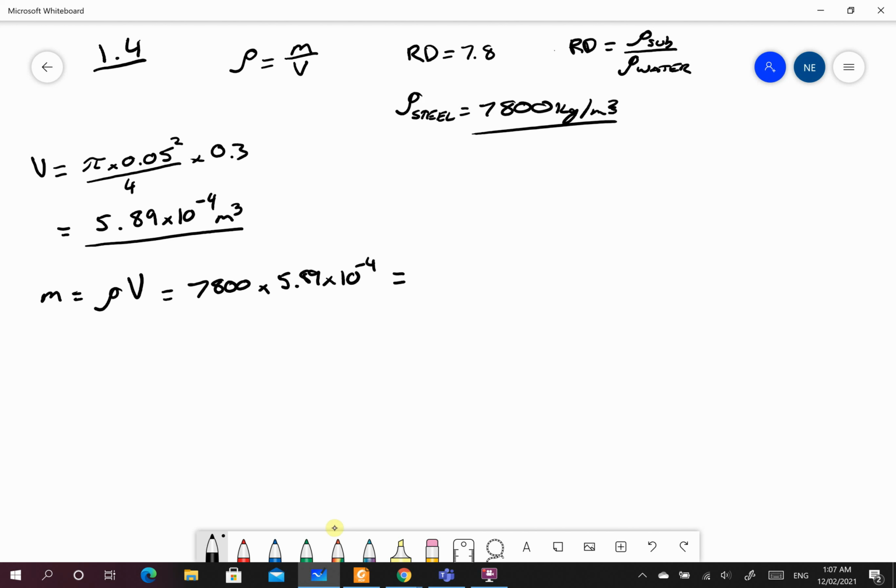Let's fix that up. So this here equals, let's punch it into the calculator. We get the weight of that piston, or the mass of that piston, being 4.59 kilograms.